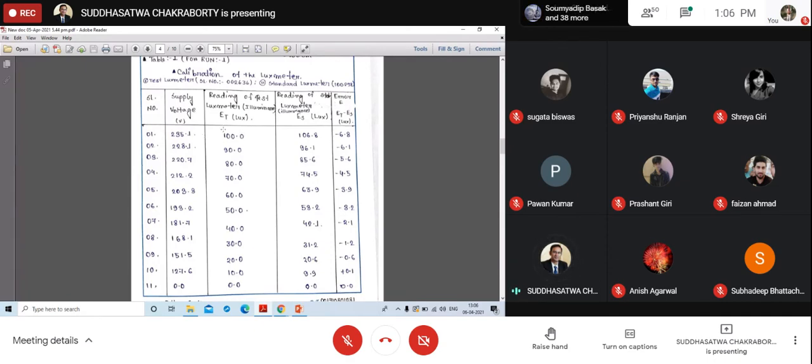That's how our ET test lux meter reading was 100 and the standard lux meter reading was 106.8. So we got ET minus ES, the error with respect to the standard. In the same way, we are varying the voltage: 228.1, 220.7, 212. That's how we were varying the voltage, and finally we have got the value of error, which was actually plotted.